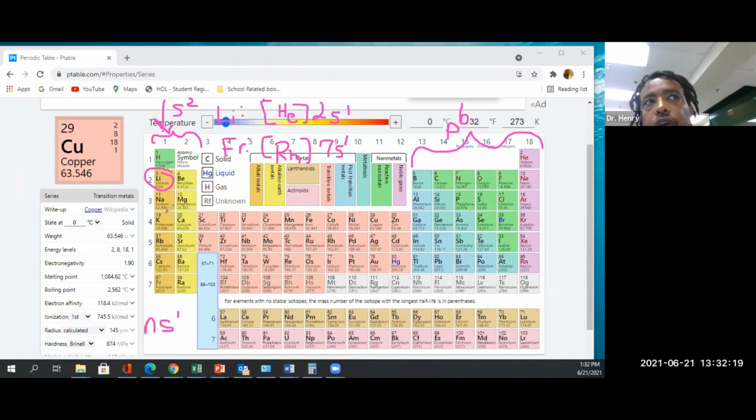Okay, so let's see. I'll do the electron configuration for manganese, and then we'll do it for barium. So what would be the electron configuration for manganese, the easy way? Its noble gas is what?